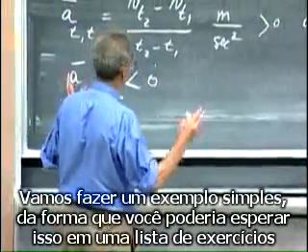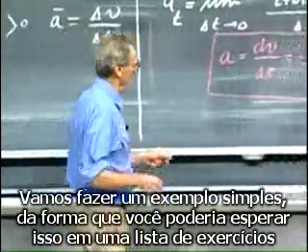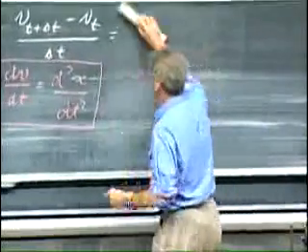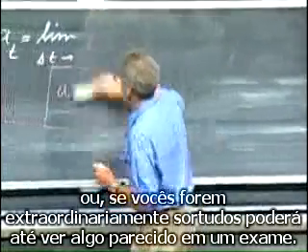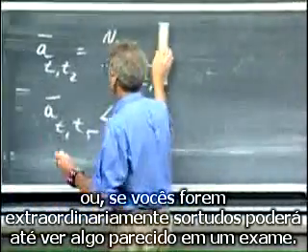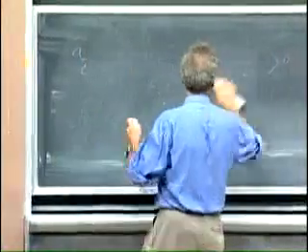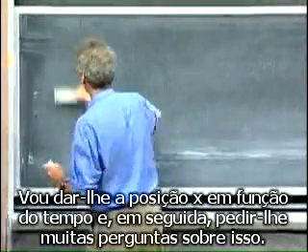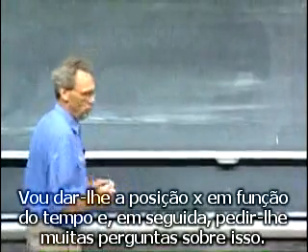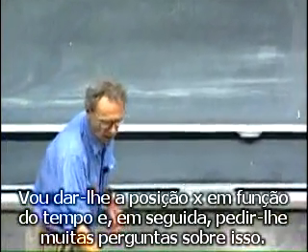Let's do a straightforward example, the way that you could expect it on an assignment, or if you are extraordinarily lucky, you might even get something like that on an exam. Very straightforward. I'm going to give you the position x as a function of time, and then ask you lots of questions about it.